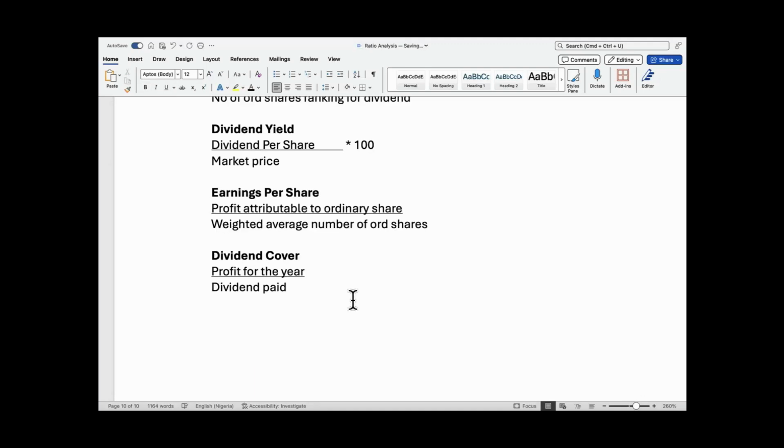Another one is price earnings ratio. And we usually get this formula from the name of the ratio itself, which is price, being market price, divided by earnings, being earnings per share.